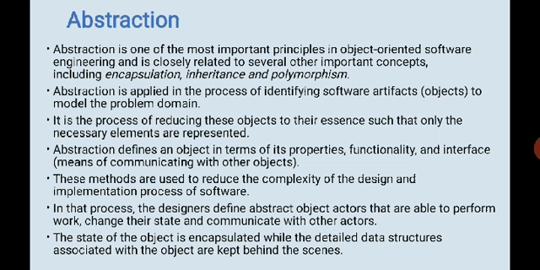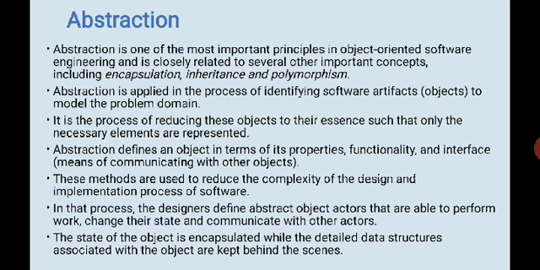Abstraction defines an object in terms of its properties, functionality and interface and means of communicating with other objects. These methods are used to reduce the complexity of the design and implementation process of software. In that process, the designers define abstract object actors that are able to perform work, change their state and communicate with other actors.